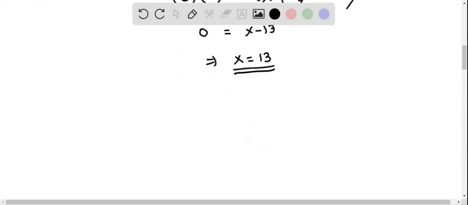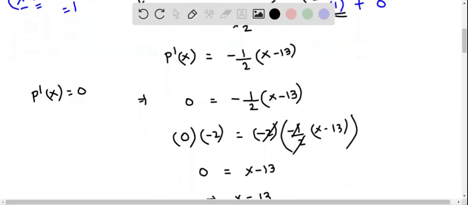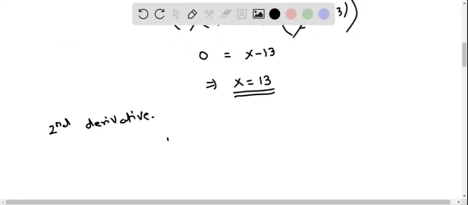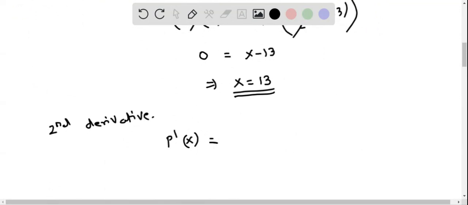To be sure, we can test it using the second derivative test. So let me find the second derivative of the profit function. Let me write the first derivative. We have p prime of x, which is the first derivative of the profit function, and this equals negative half times (x minus 13).